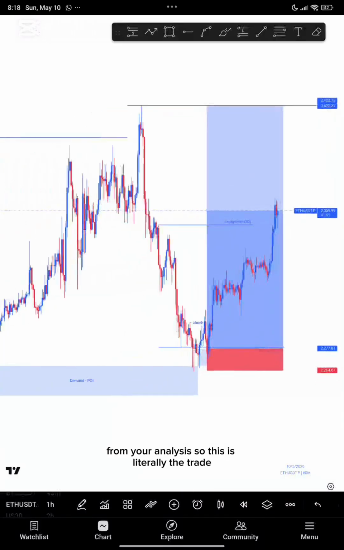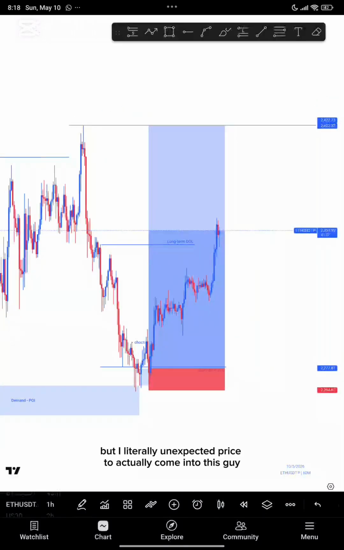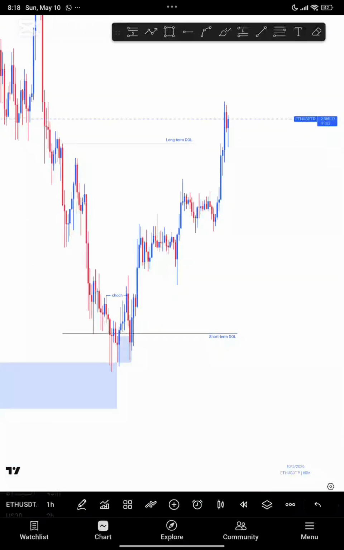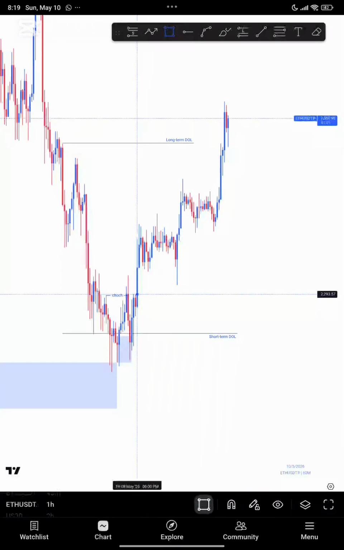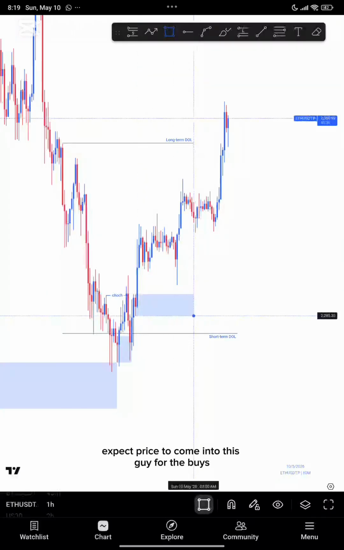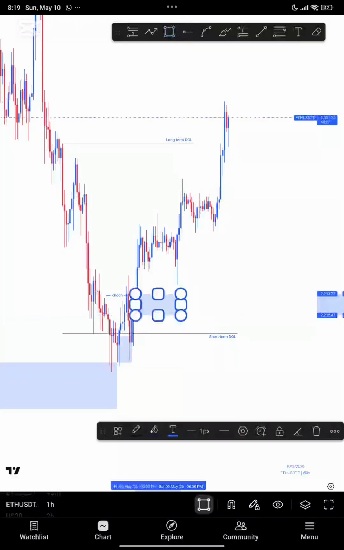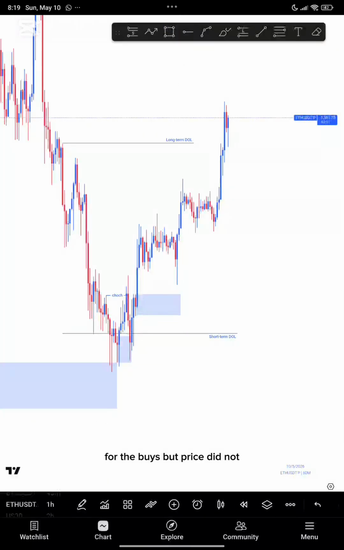So this is literally the trade, but I literally expected price to come into this guy for the buys, but price did not.